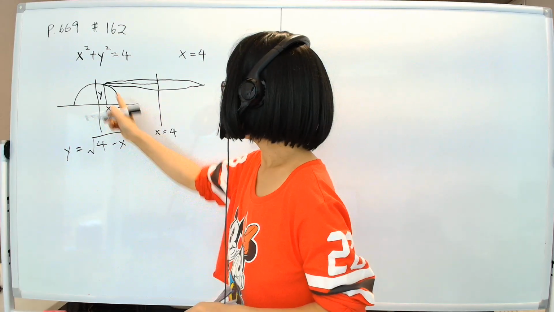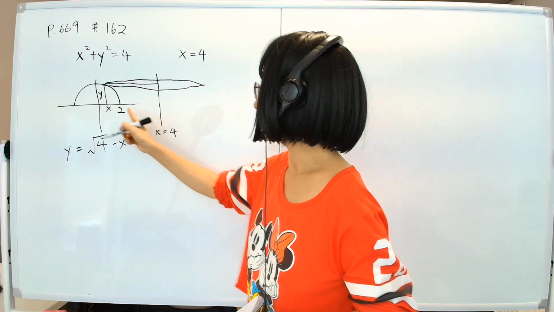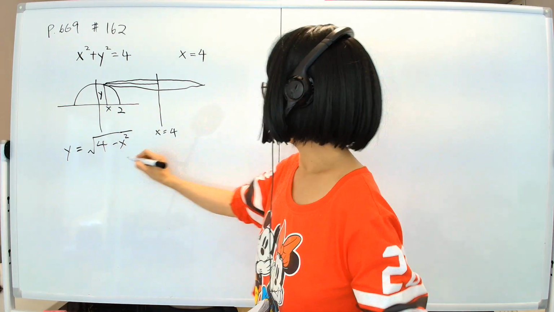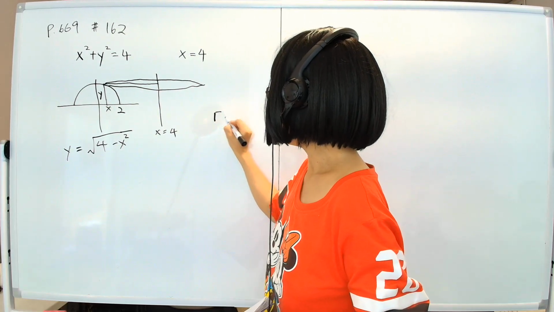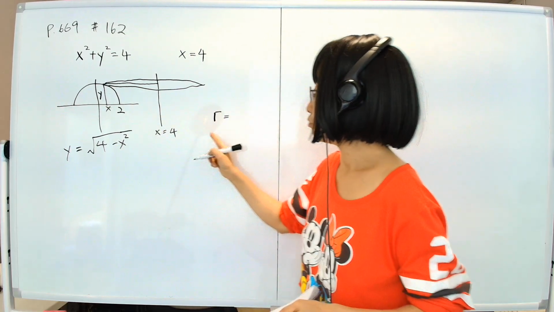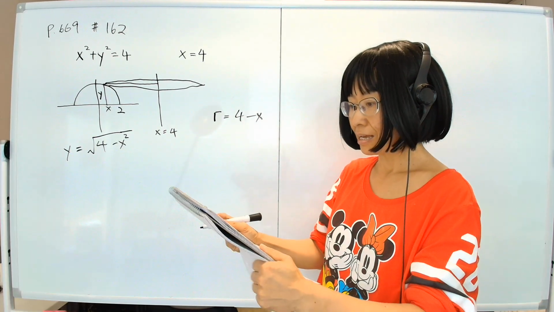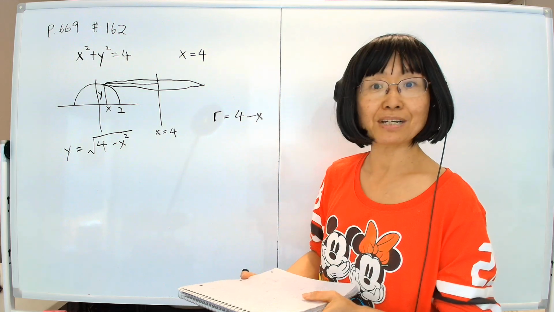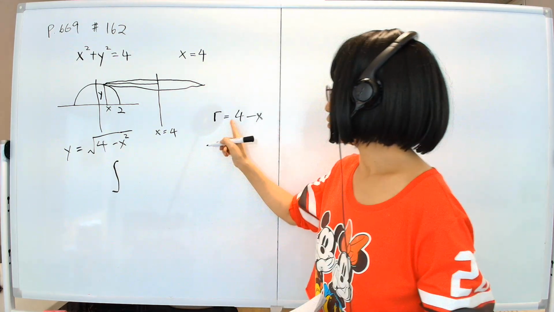But first we should probably figure out where the radius is. Well, x is 4 here, and this is x, so the radius of your sample shell would be 4 minus x. Simply 4 minus x. Having said that, the whole problem is ready to go, and we'll follow the formula to calculate the area of the shell.